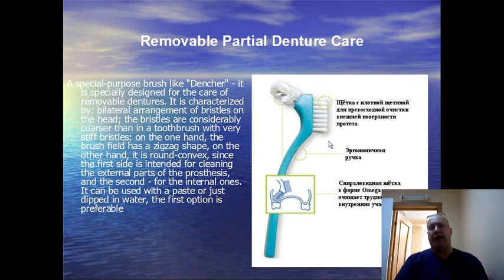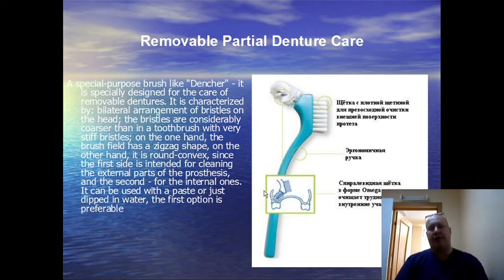On one side, the brush field has a zigzag shape. On the other hand, it's round convex. The first side is intended for cleansing the external part of the prosthesis, and the second one can be used for the internal parts.